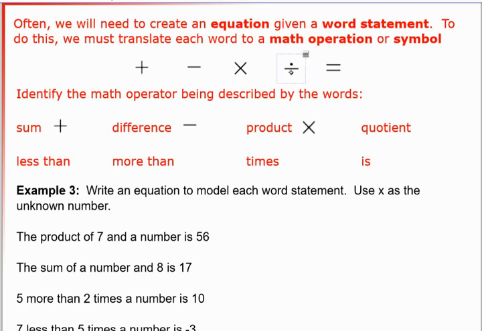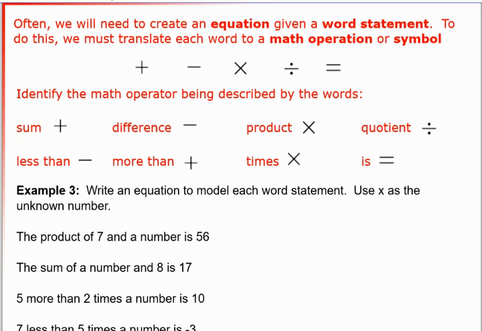One that we don't use in normal language is quotient, but a quotient is division. Less than, we use our negative. More than, we use our positive. If something is times something, we are multiplying it. And is an equal sign.